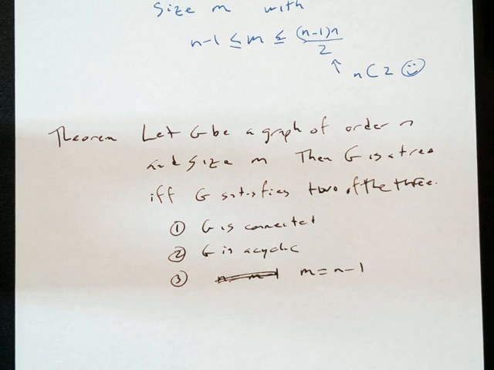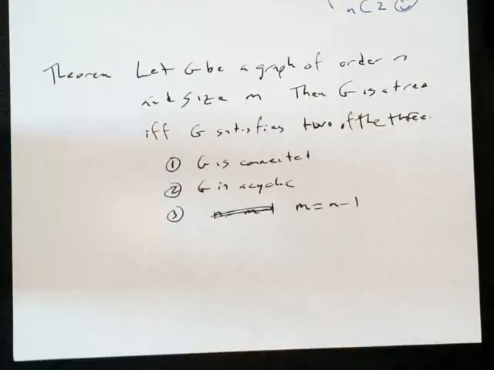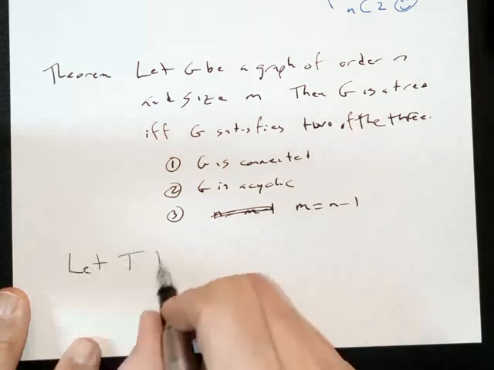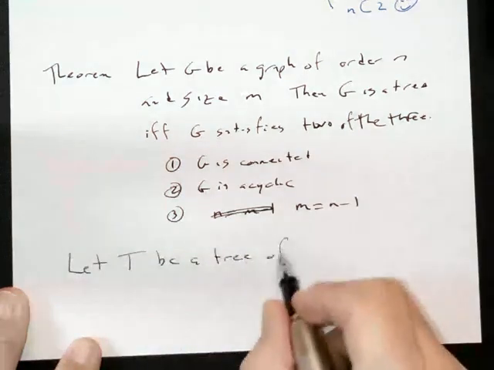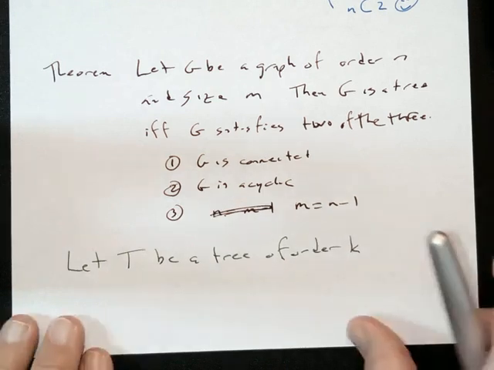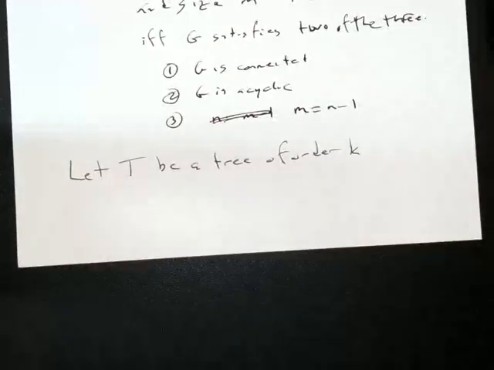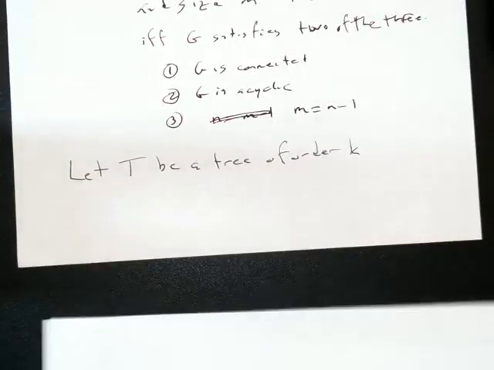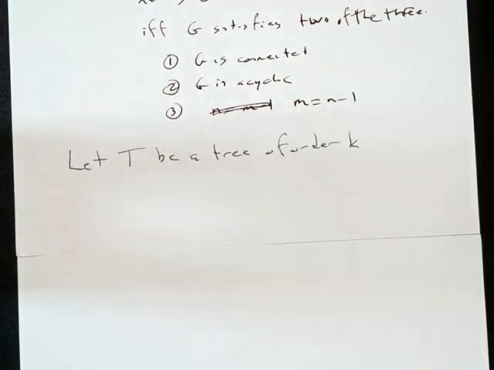Trees are in every other graph. So let's suppose I have a tree with k vertices. Consider for a moment the complete graph on k vertices.